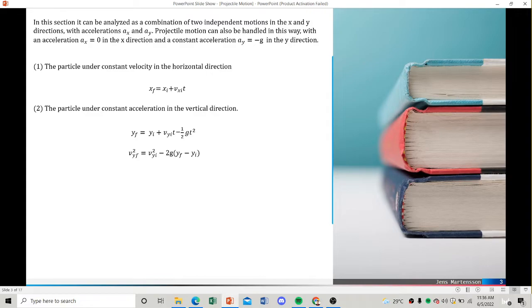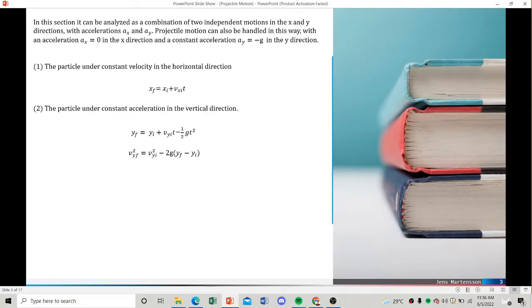Or we could use another equation from the three kinematic equations: v_yf squared equals v_yi squared minus 2g times the difference of the final distance and the initial distance. We will use this equation.